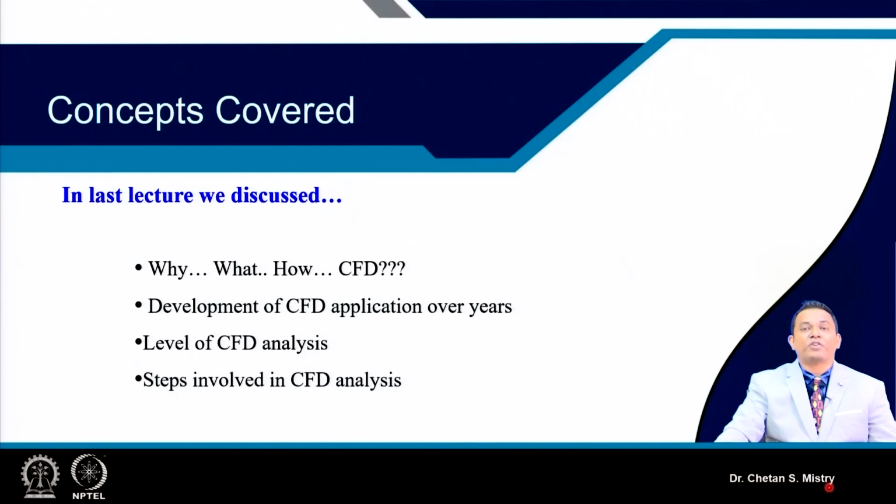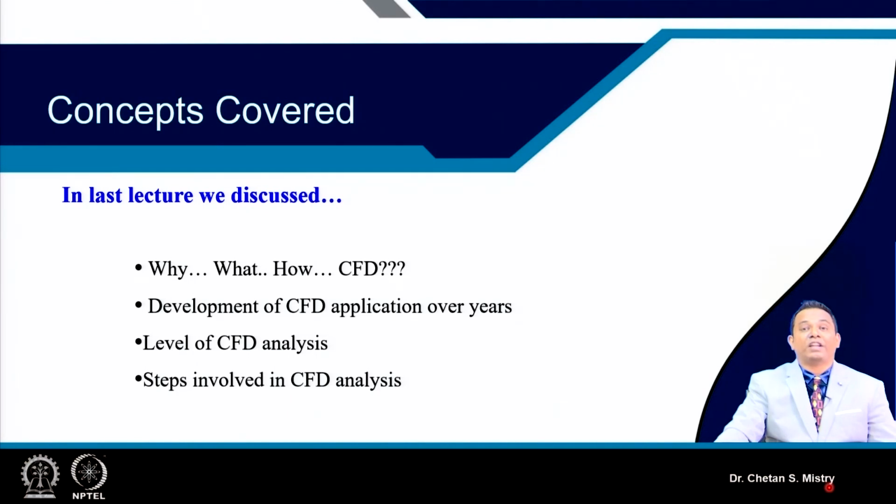Then for turbomachinery applications, we have seen the development of CFD over the years. Initially it started with 1D, then 2D, quasi 3D, 3D, and now it is full 3D analysis.